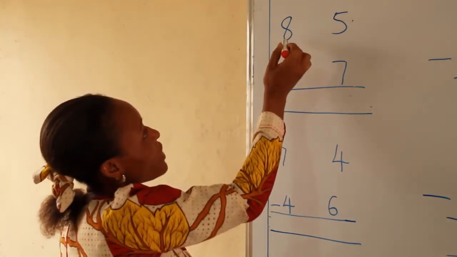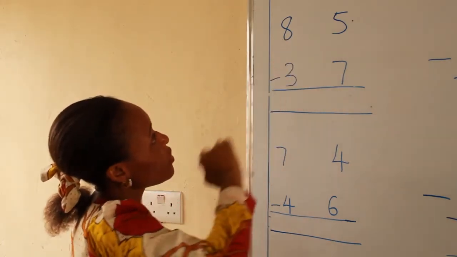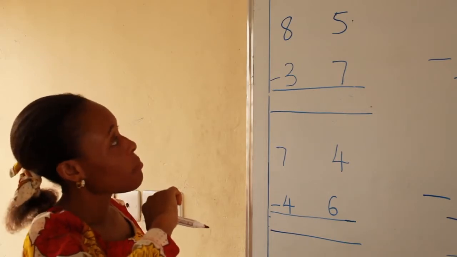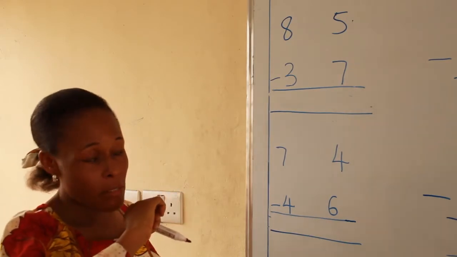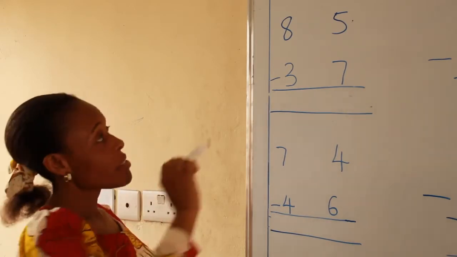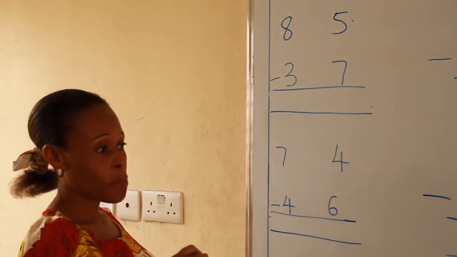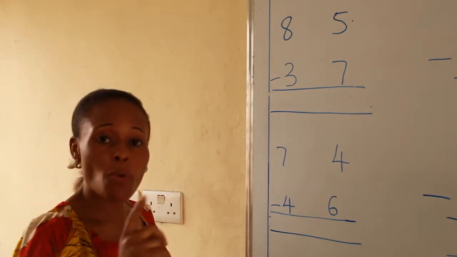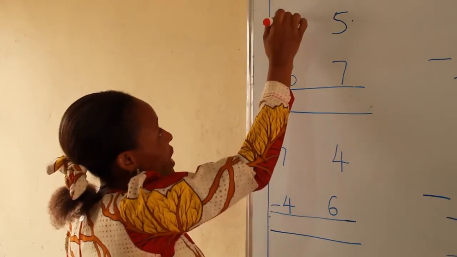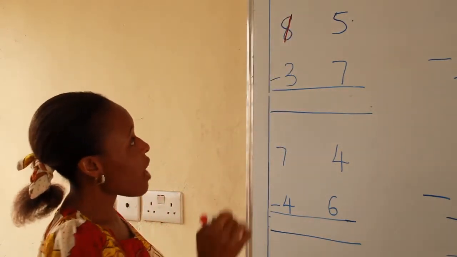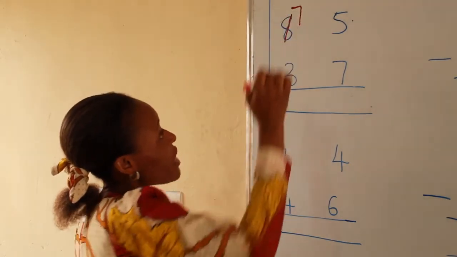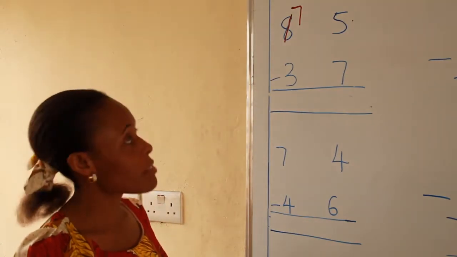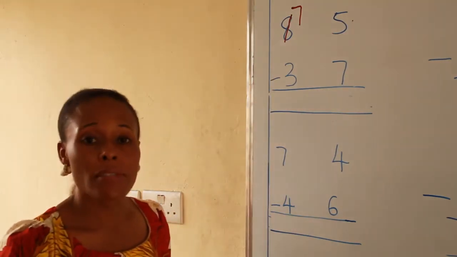And when you subtract one number from number 8, what will be left? We will have number 7. Because when you count 8 counters and you take away one counter, 7 counters will be left. So you are going to cancel out the 8, rule it out, and then write number 7.